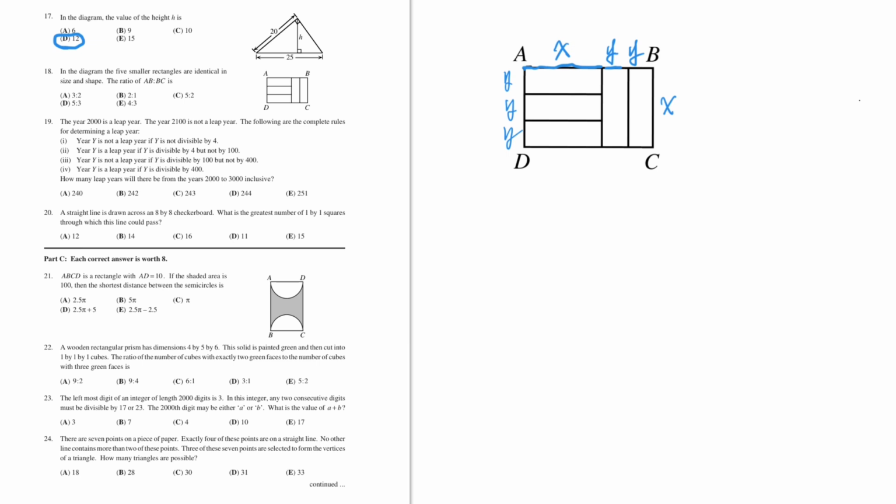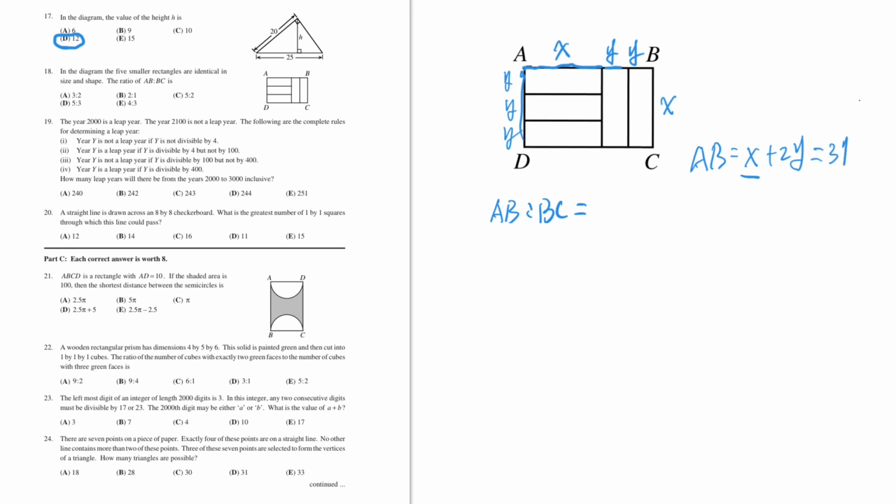The ratio of AB to BC: AB equals x plus 2y, and x equals 3y, same thing.